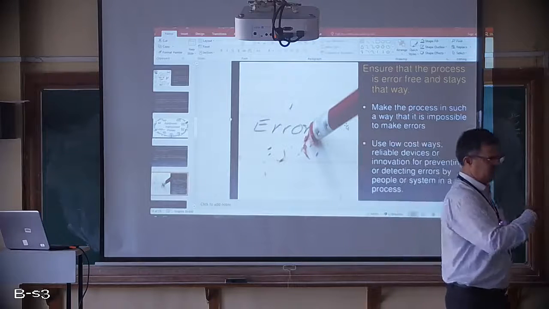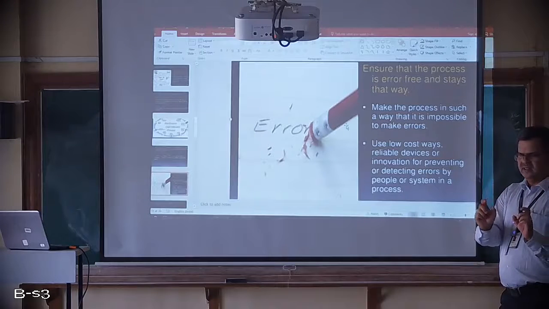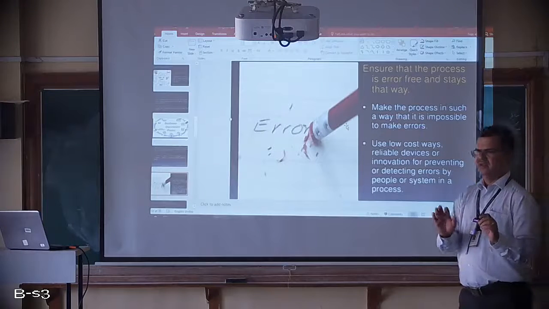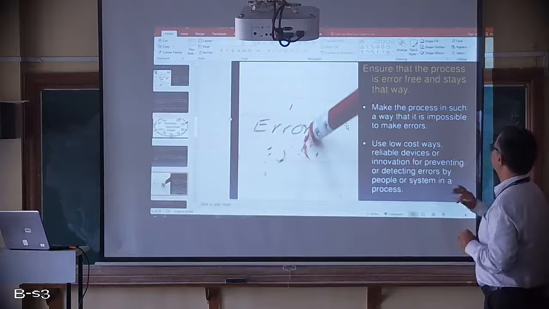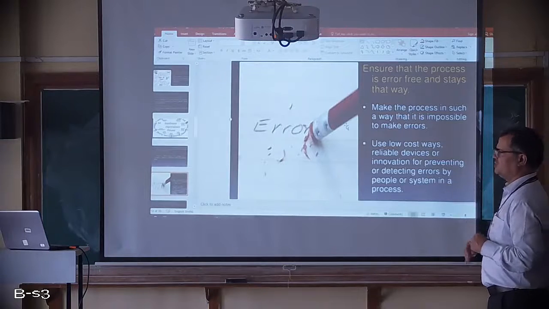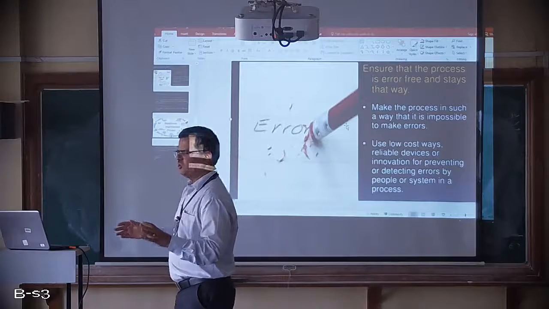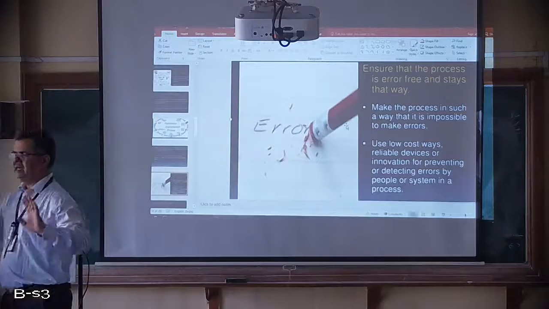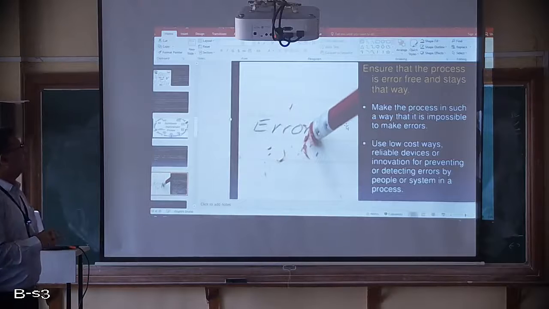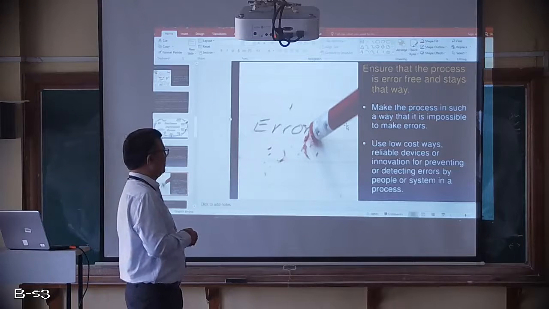Remember, this should continue; it does not start only with eliminating errors, identifying errors and resolving them. It ensures that the process is error free in future also. They are going to make it foolproof such that in future it's going to be totally error free. It won't reoccur.